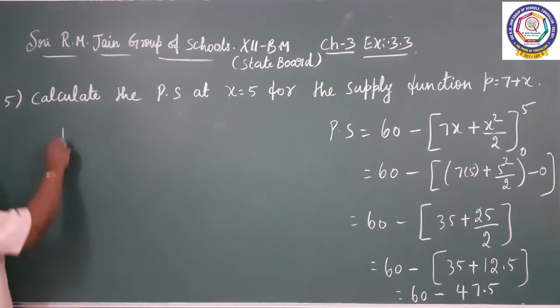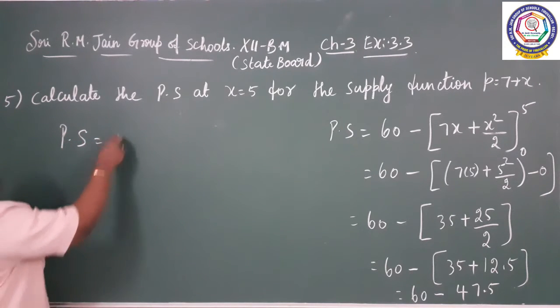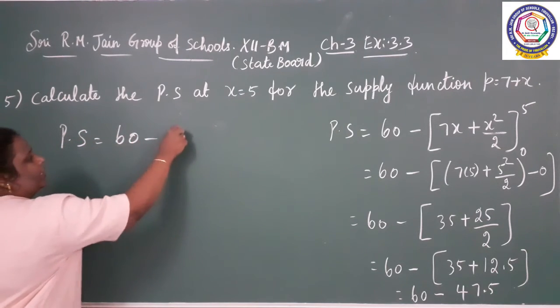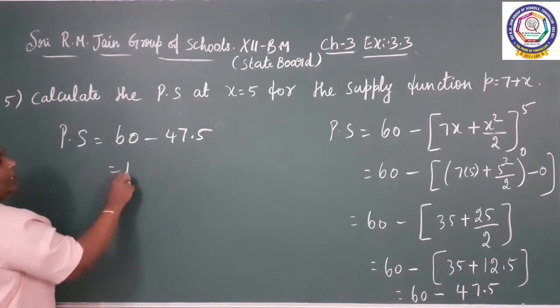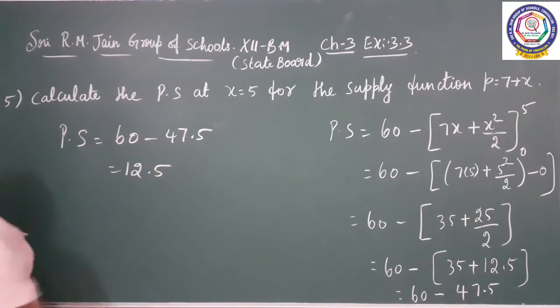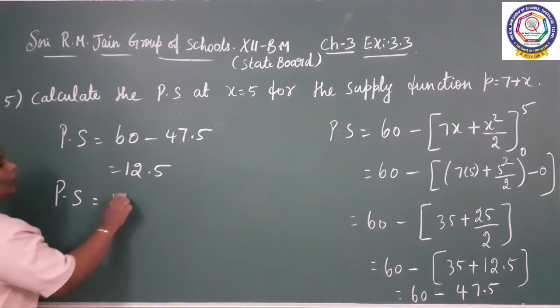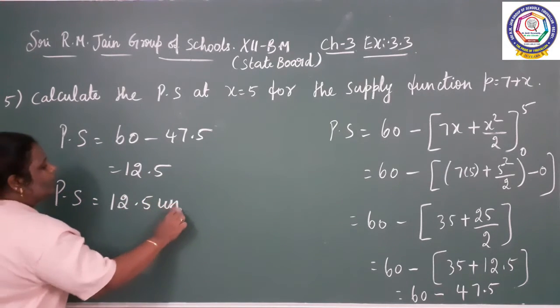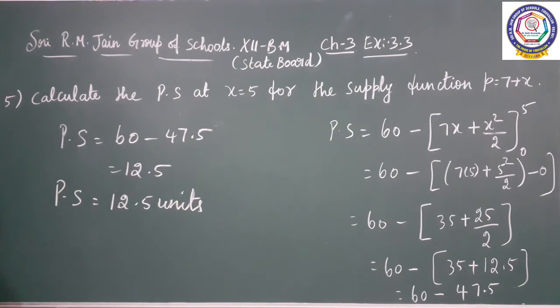So producer surplus equal to 60 minus 47.5, which gives 12.5. So you will write it as producer surplus equal to 12.5 units. Consumer surplus and producer surplus, you will write in unit form, units.